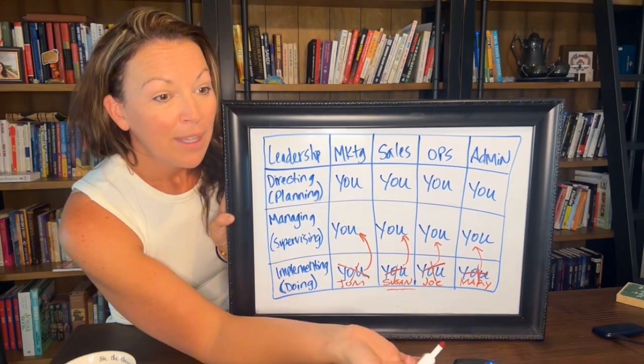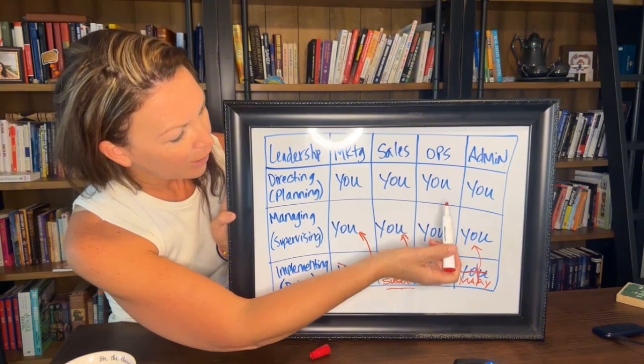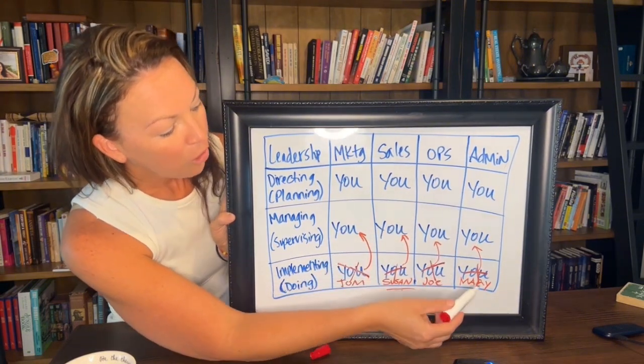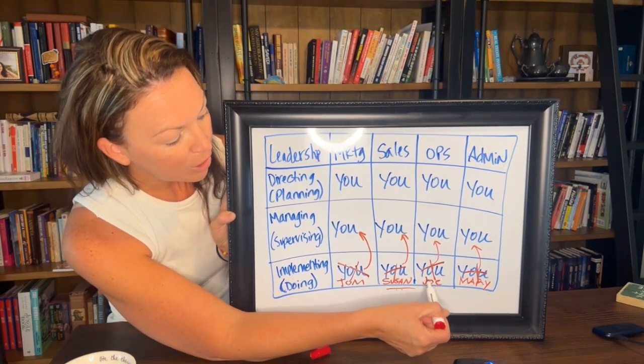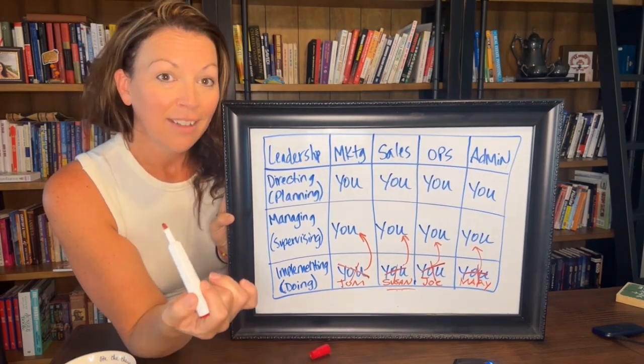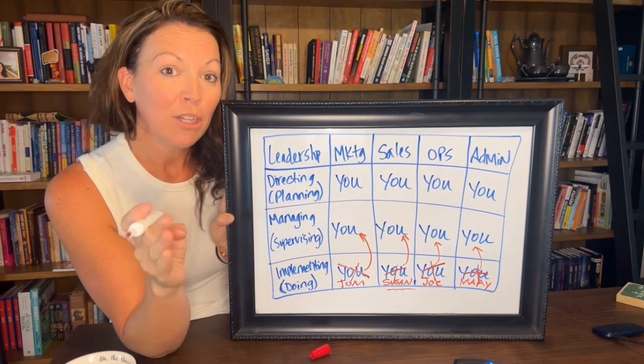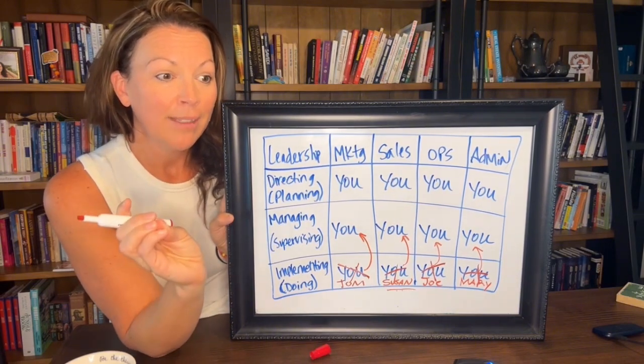So maybe it's scheduling, it could fall under either operations or administration. Whoever it is, let's say it's Joe, it's operations. Joe owns the scheduling and the dispatch, right? That's his metric that you're going to track and make sure that he's hitting all of his points on.